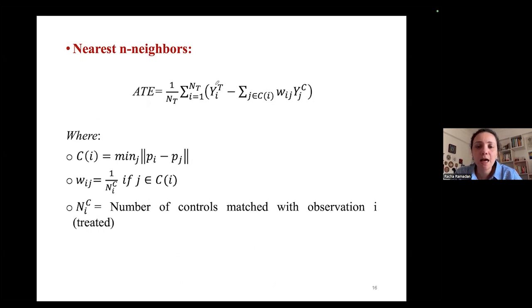No, it will be the gap between the outcome of the I's individual of the treated sample minus an average of the outcome of the different individuals who are in the counterfactual observations. And here it is an average, so our weight is simply the average. We'll divide by the number of individuals in the control or counterfactual match observation of the individual I that we are matching together. Any question, comment?